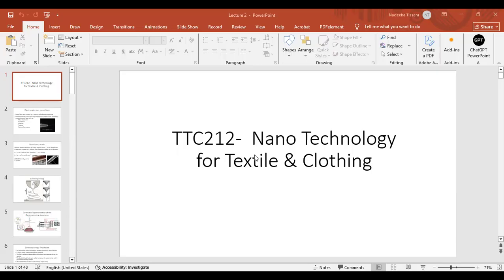So today we are going to talk about the topic nanotechnology for textile and clothing. One of the very important types of nanomaterial that we are going to discuss. You all now have a proper idea about what nanotechnology is, what we mean by nanoscale, and when you compare the nanoscale to the micrometer, millimeter, or even angstrom scale, where the nanoscale stands.